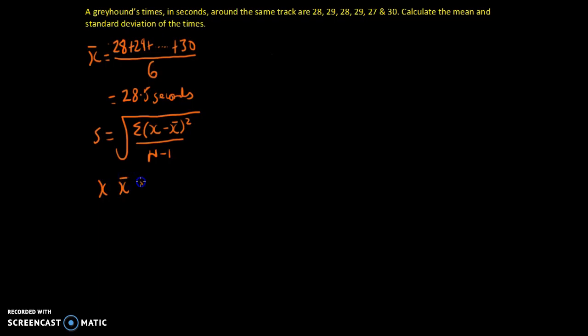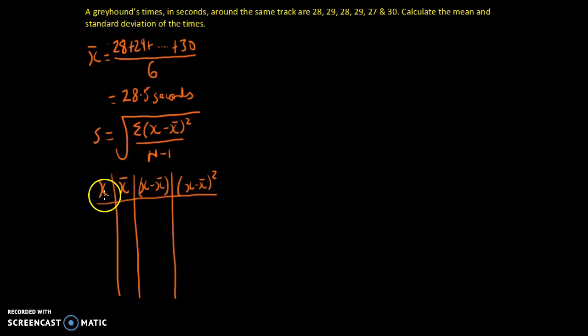So I'm going to set up a table. And you don't have to do it this way, but this I find is the most efficient way of doing it, and leads to least errors. So we've got x, x minus x bar, and x minus x bar all squared. Now x is each individual bit of data.